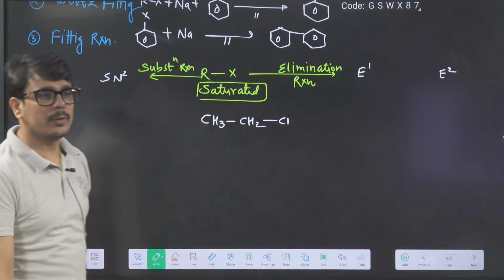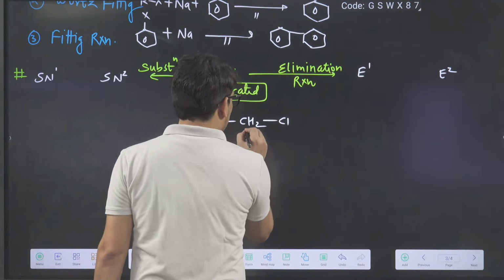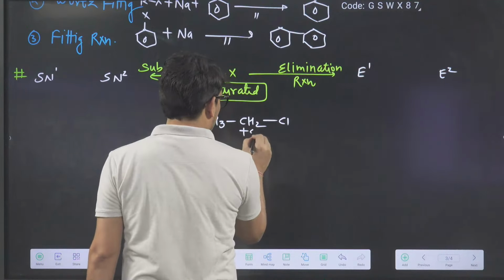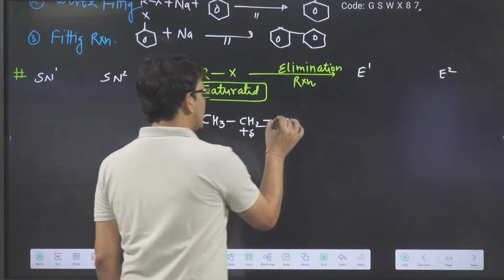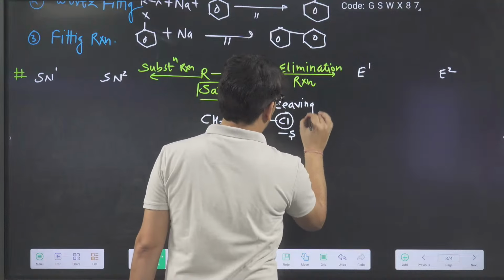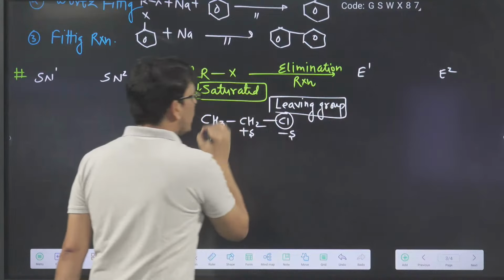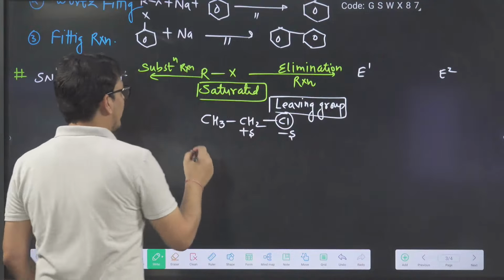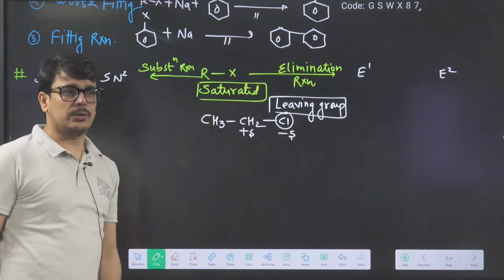Is it clear to everyone or not? Ethyl chloride. In ethyl chloride, this carbon has a partial positive charge and this chlorine has a partial negative charge. This chlorine is a leaving group. Now, if this reacts with a nucleophile, the leaving group is directly substituted.